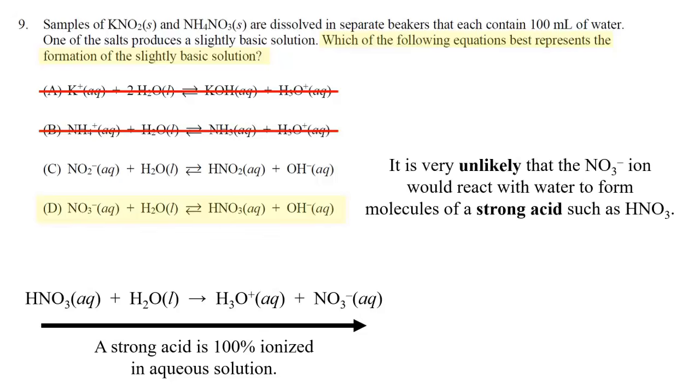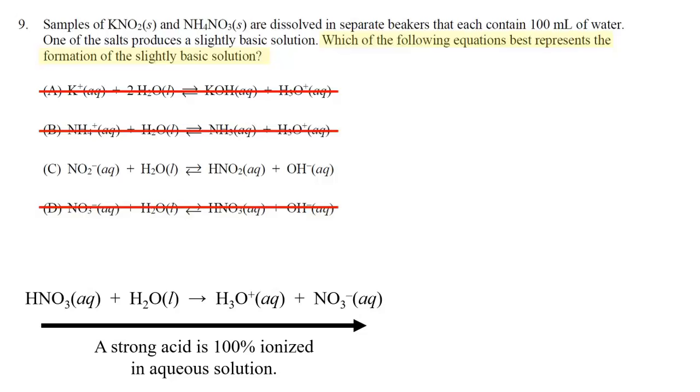So it is very unlikely that the NO3- ion, or the nitrate ion, would react with water to form molecules of a strong acid such as HNO3. Since HNO3 is a strong acid, it would be completely broken up in water and would not exist in that molecular form, HNO3. So by eliminating choice D, that does make C the best answer to question 9.